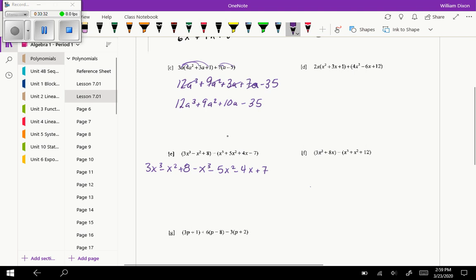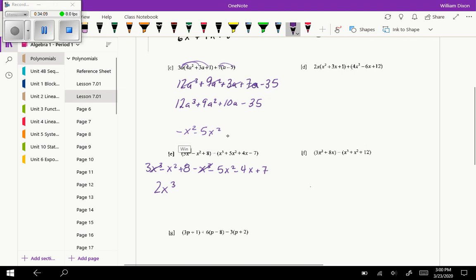Okay, so now I have to look and say, I have 3x to the third. Do I have any other x to the third? Yes, I do. So I have 3x to the third minus x to the third. That's going to be 2x to the third. So I'm going to cross those off. I'm going to look for my squares. I have negative x squared, and I have minus 5x squared. Negative x squared minus 5x squared. If you need to, that's a 1 there.